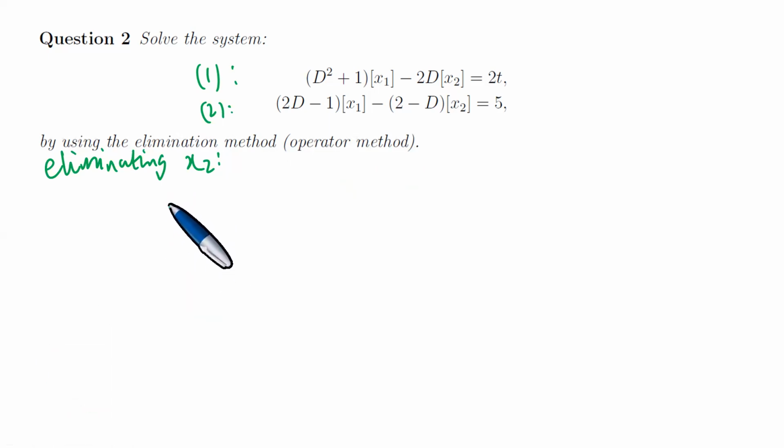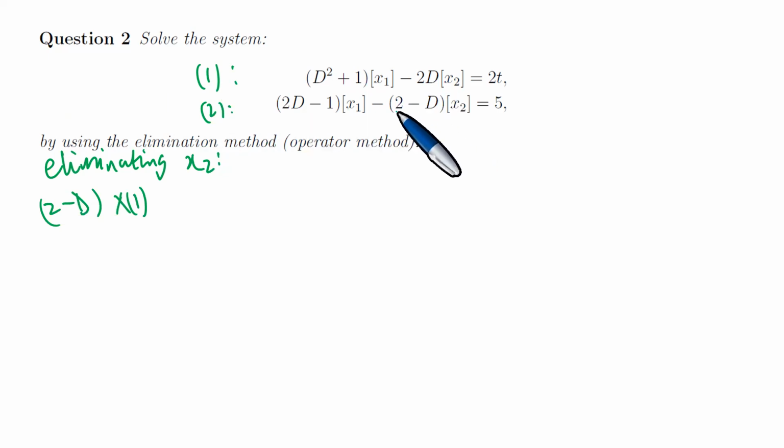But if we say eliminating x2 is a strategy, we're going to take the first equation and multiply it by 2 minus d. We want to eliminate x2, so we just multiply it by 2 minus d.